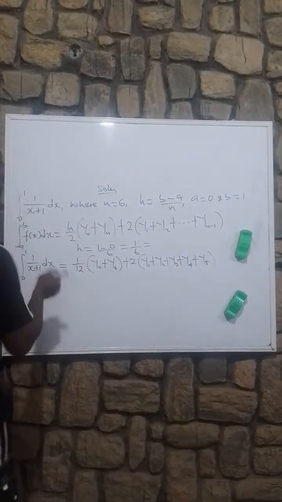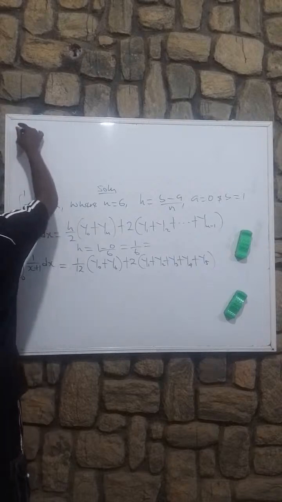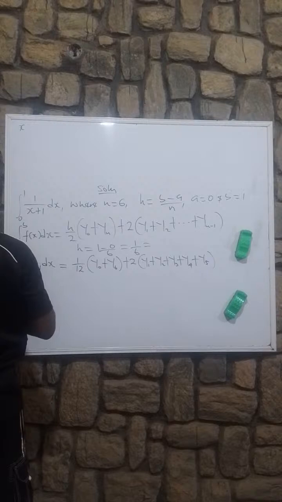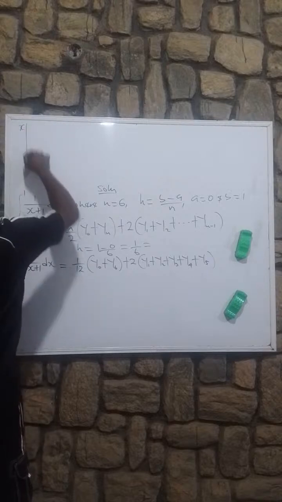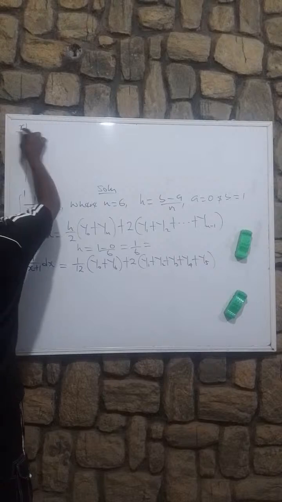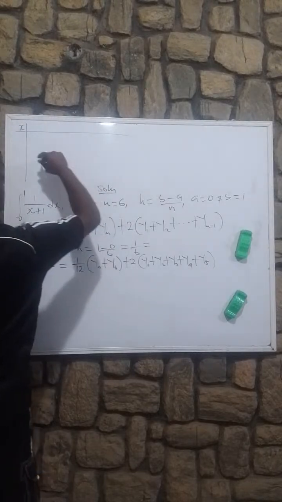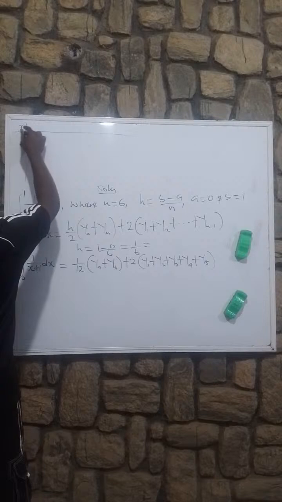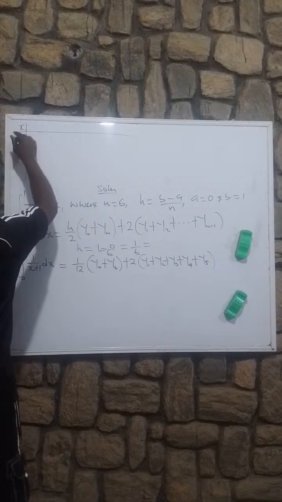So the diagram will now be in this form. X0 is equal to 0.